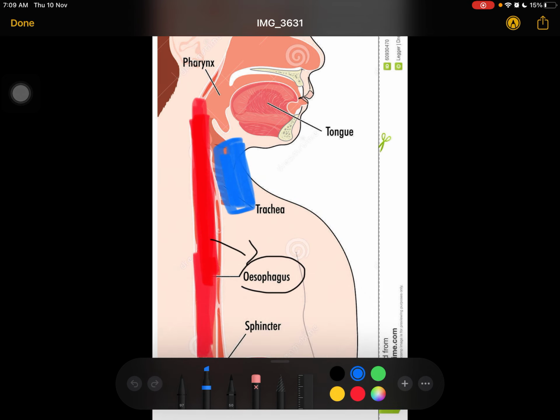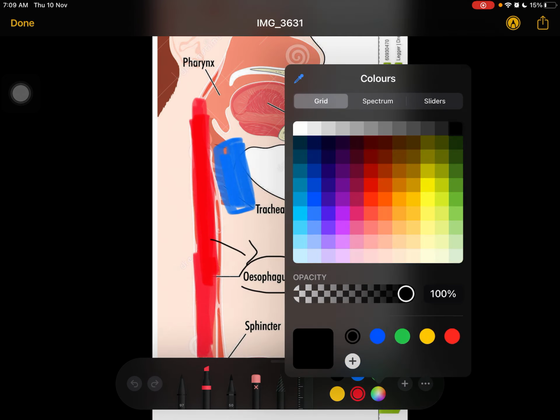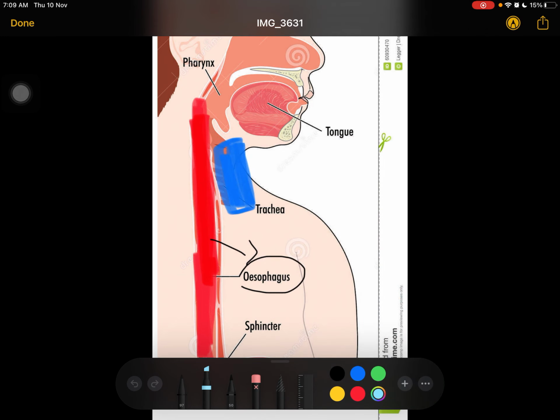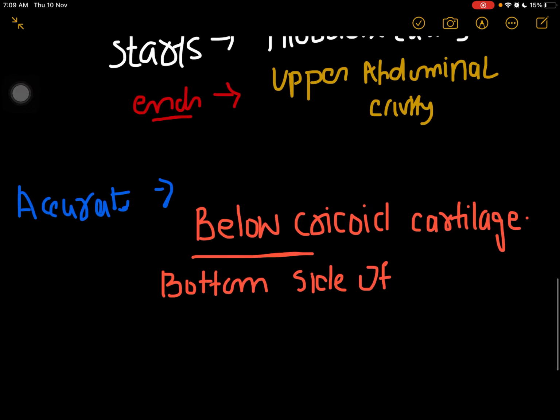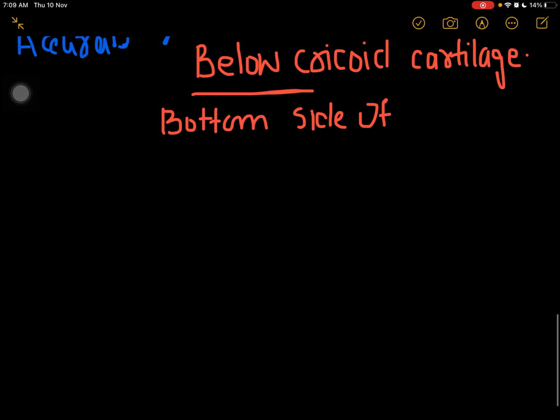Here you can see the larynx, and in the larynx we basically have the cricoid cartilage. After that, from the bottom side of the cricoid cartilage, this esophagus has started. So accurately you can say that it starts from the bottom side of the cricoid cartilage.